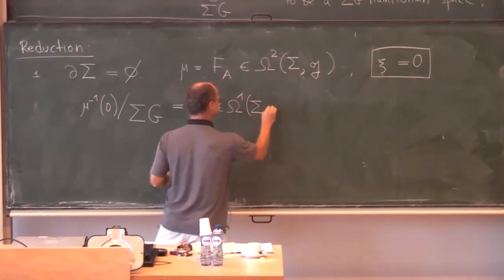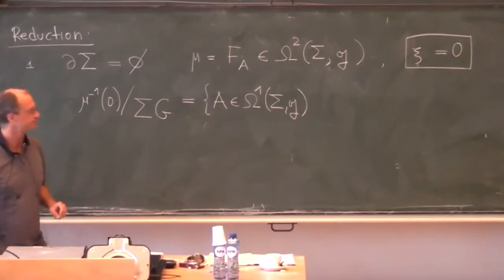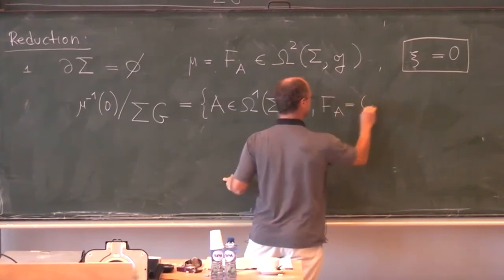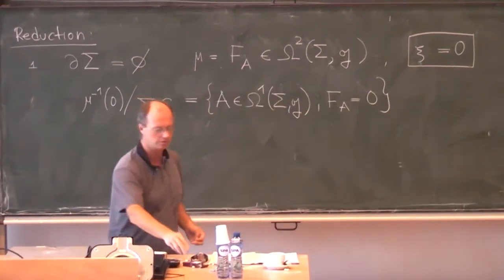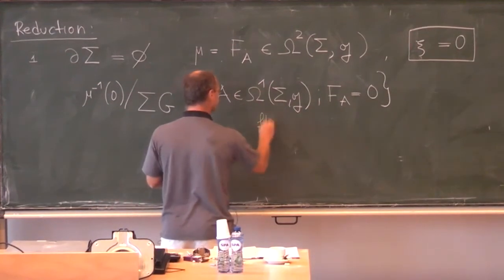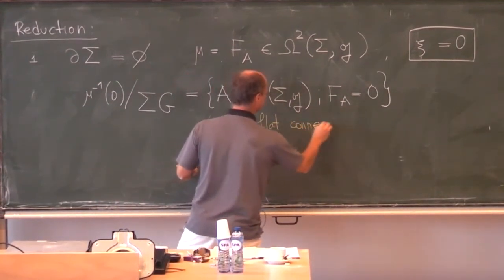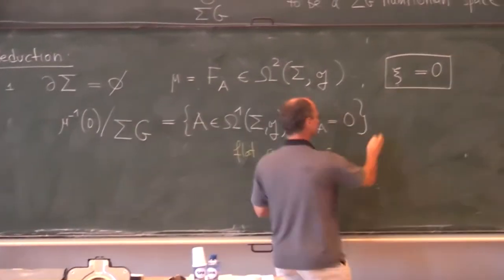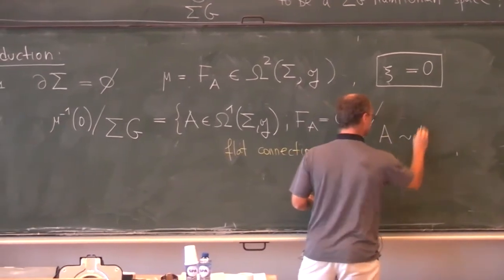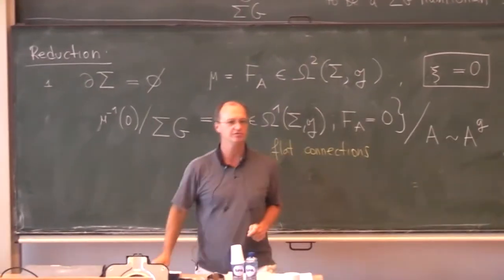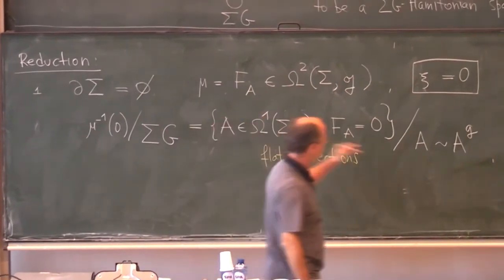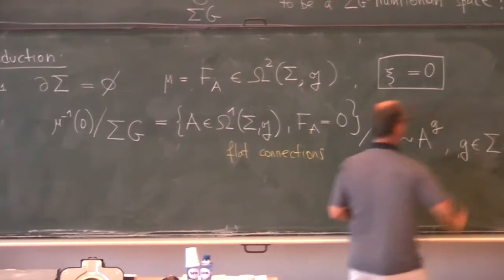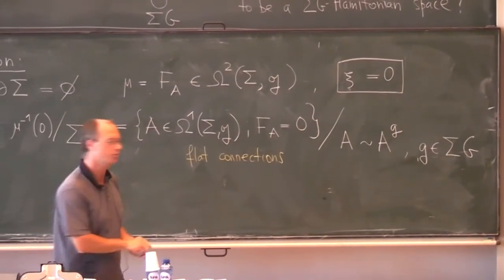Now perhaps let's write it down a little bit more explicitly. These are connections on the surface sigma such that the curvature is equal to 0, so that's why the word flat connections, and it is divided by the equivalence relation: A is equivalent to A^g for g in the gauge group, so that's why the moduli space.